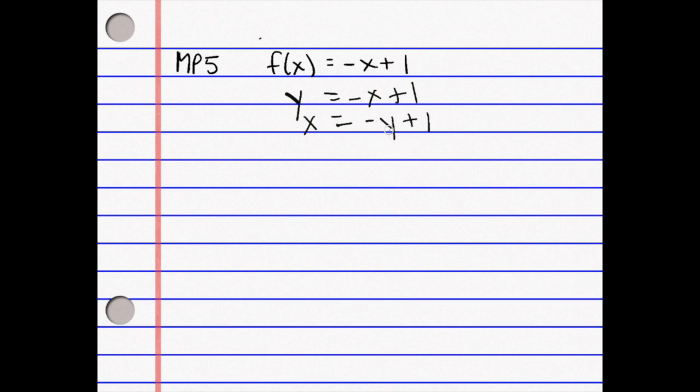Now solve for y. Step 2. I'm going to subtract 1 on both sides, which equals negative y. Then I'm going to divide everything by negative 1, which changes this to negative x plus 1 equals y. So that means that my inverse function is negative x plus 1.